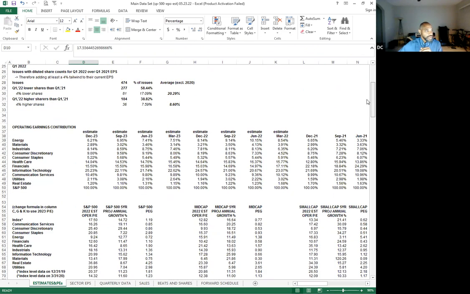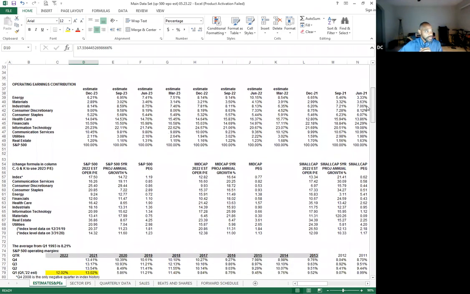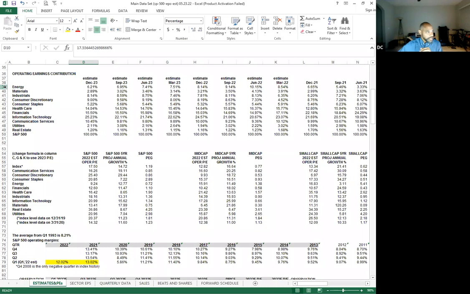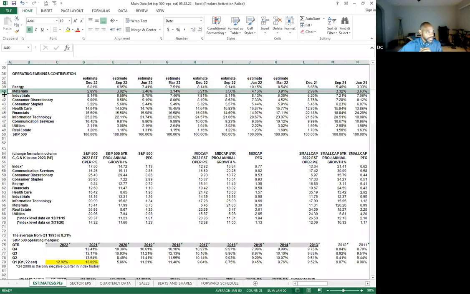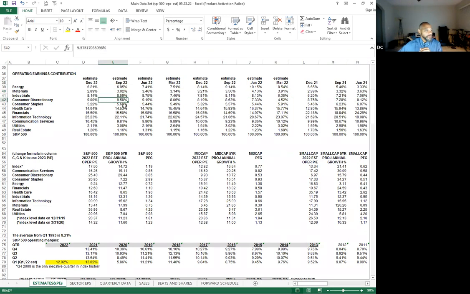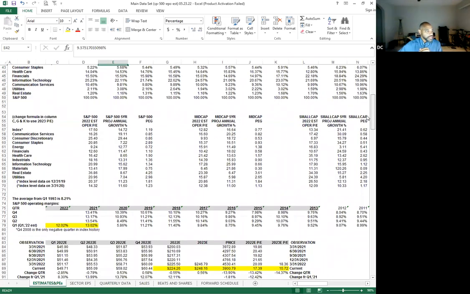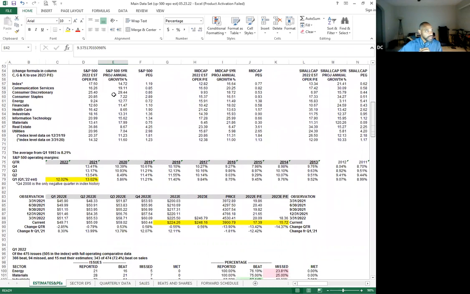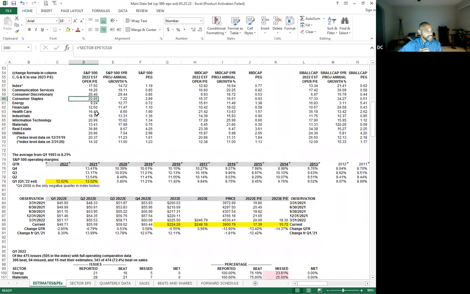And so what this tells us is the earnings within these different sectors for the S&P, the operating earnings, and their various percent contributions to the S&P. And then it tells us also the PEs of each of the various industries.